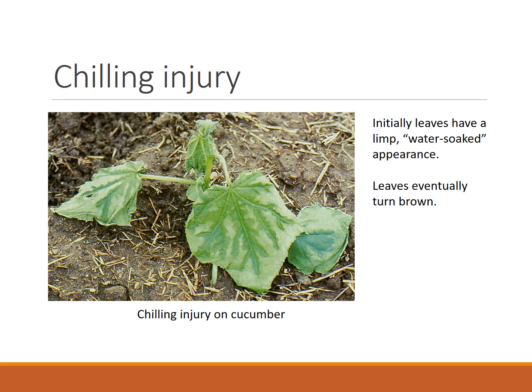The seed had germinated, made a seedling, and then the seedling was exposed to sub-freezing temperatures, and that is basically going to kill the cell because the water inside the cells freezes, and as the water freezes, it expands, and that ruptures the cell, and then all those tissues die. A plant that has just received chilling injury will have a limp, water-soaked look, and then eventually the leaves and stems are going to turn brown.